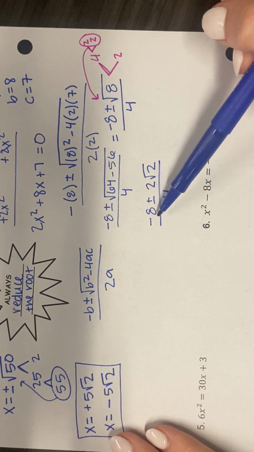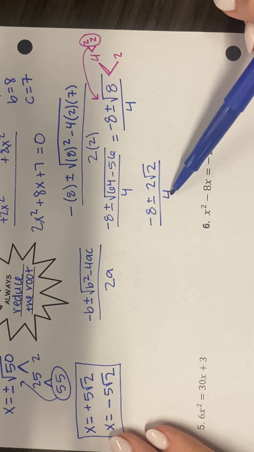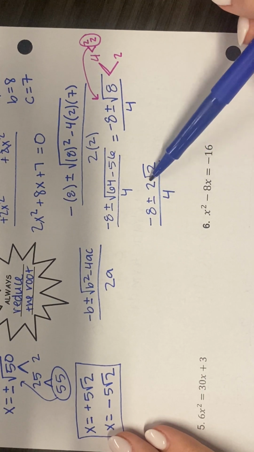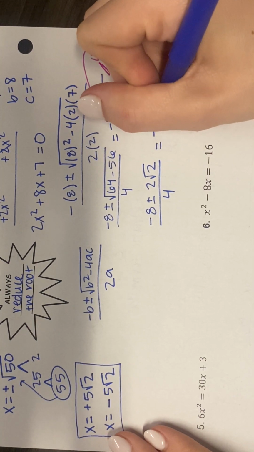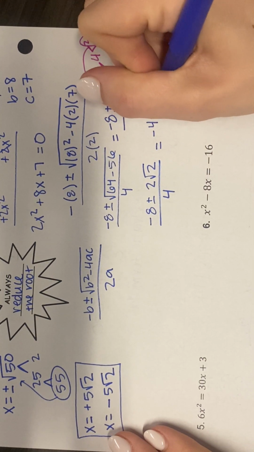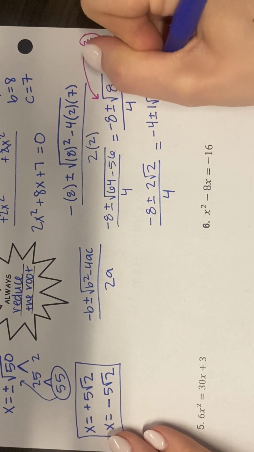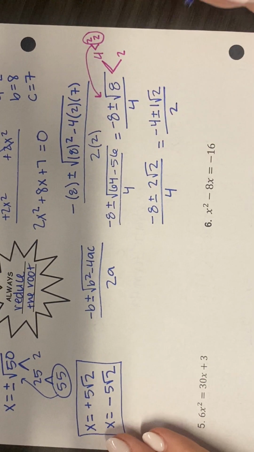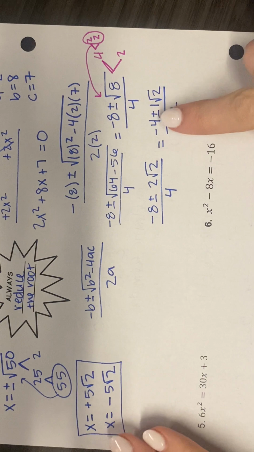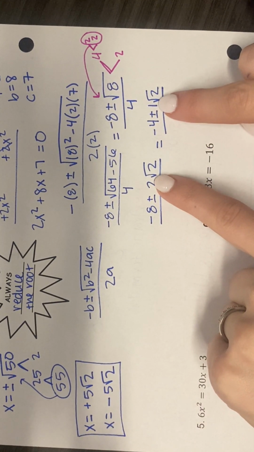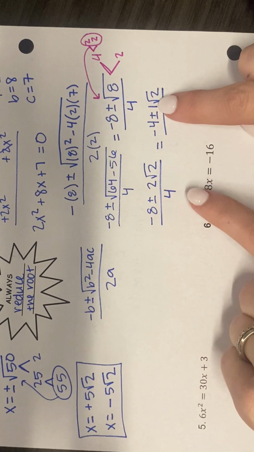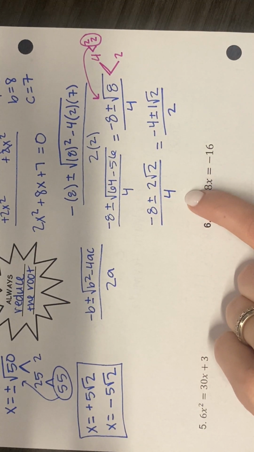Well, negative 8, 2, and 4 all have 2 that go into it. So it's actually going to be negative 4 plus or minus 1 root 2 over 2. Because 2 went into negative 8 negative 4 times, 2 went into 2 one time, and 2 went into 4 2 times.